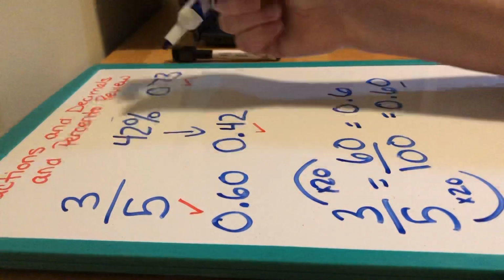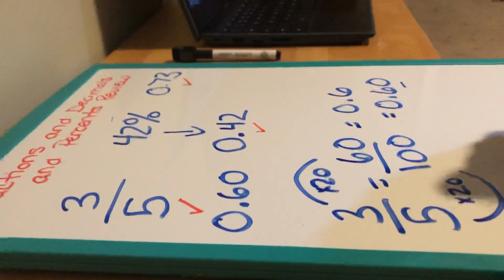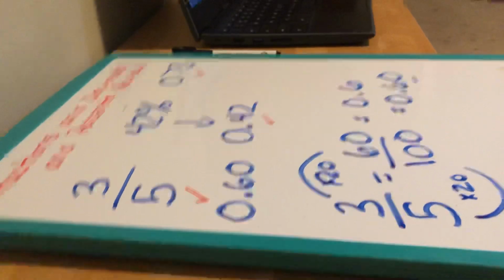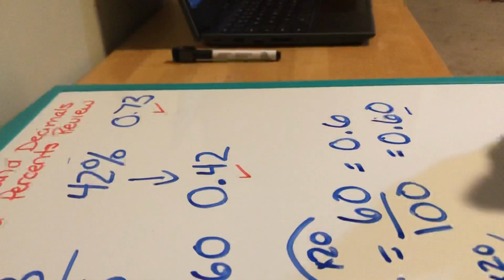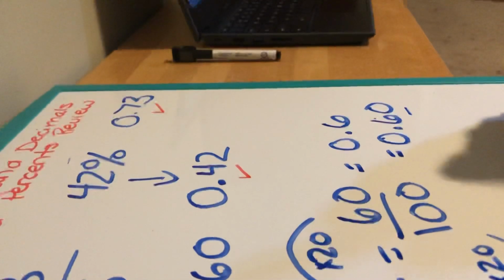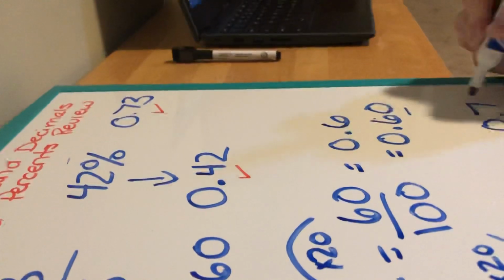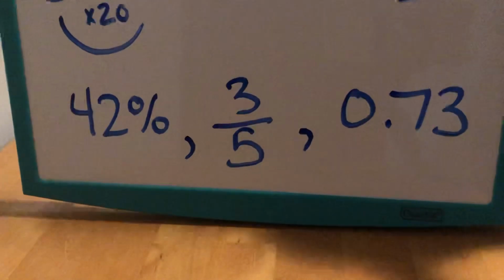So in fact, 42% is 0.42, so that's the smallest of our numbers. 42% is the smallest. Then comes our 3/5, which is 60%, and 0.73 is last. And we should be able to put those 3 numbers in order now from smallest to biggest.